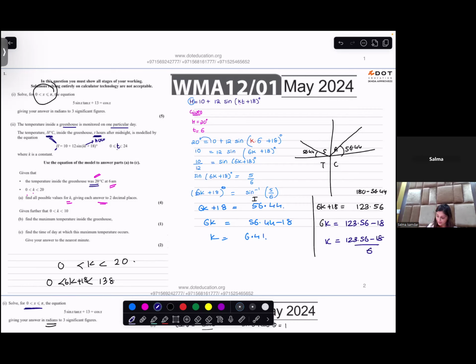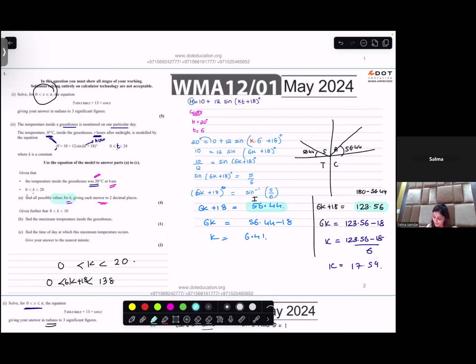I put it on the calculator. And I'm getting my k as 17.59.